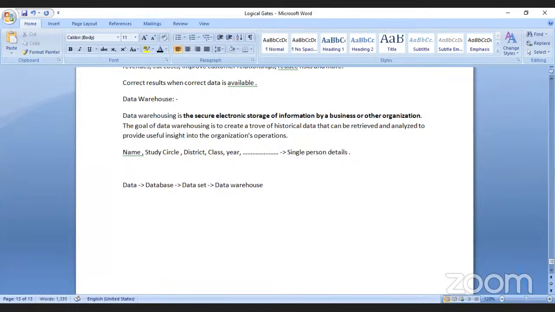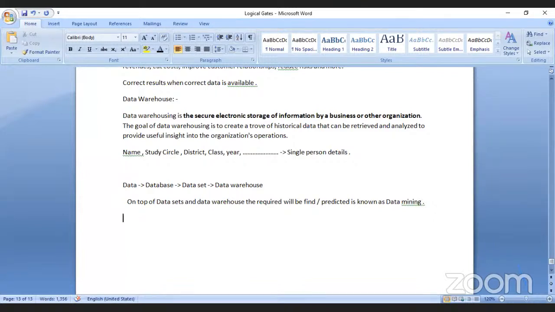On top of data sets or a data warehouse, finding or predicting the required data is known as data mining.